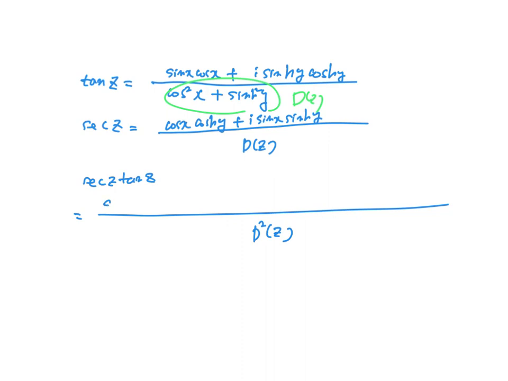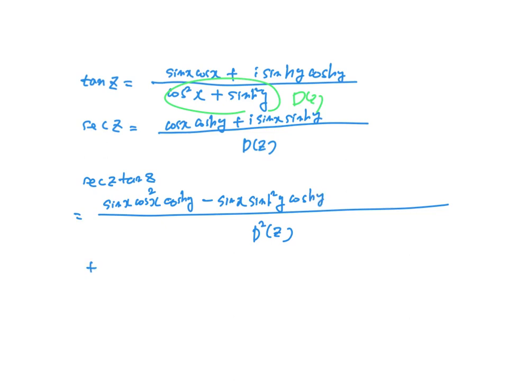So sine x cosine x cosine squared x cosine hyperbolic y minus sine x sine hyperbolic squared y cosine hyperbolic squared y.